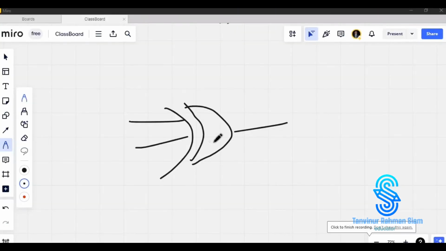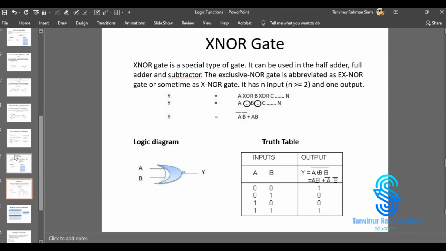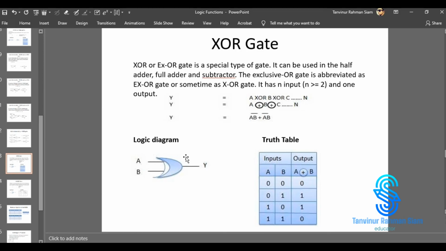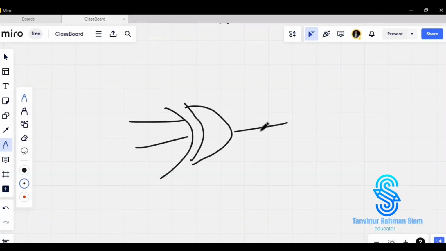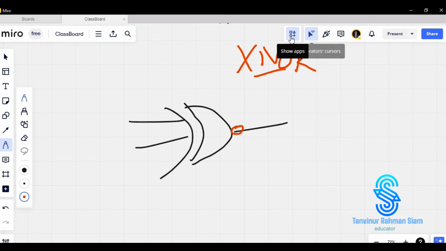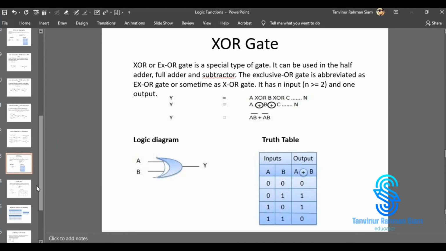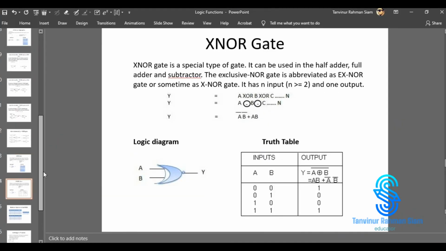As we are drawing the XOR, in case of XOR you will give it normally, like this. And in case of XNOR, as the N, the NOT, is present, you will give an unmarked circle here. Done.